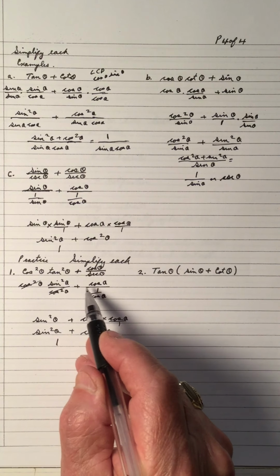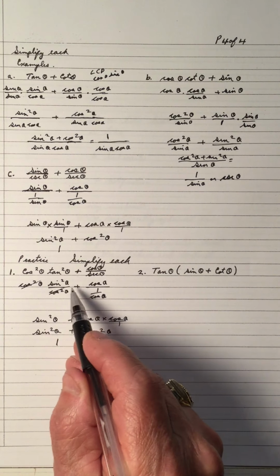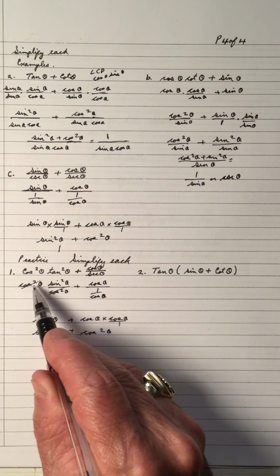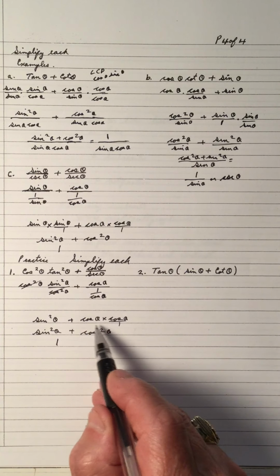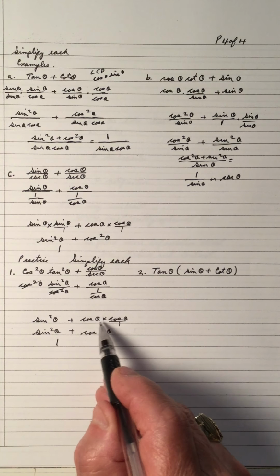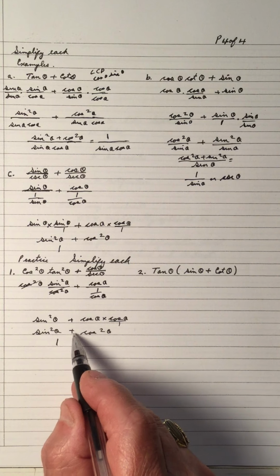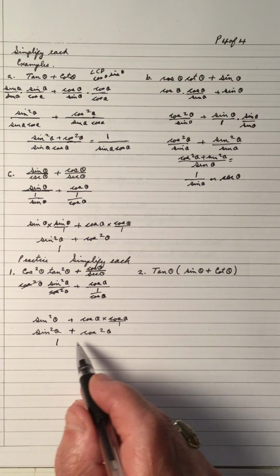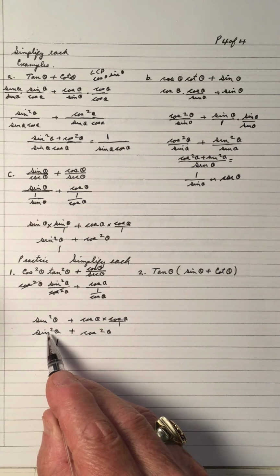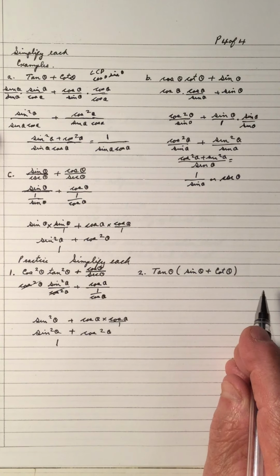I have to follow PEMDAS, I have to multiply and divide before I add. So I canceled here to get the sine squared. I divided by multiplying by the reciprocal. So now I got a multiplication. And last, that's a 1. I'm going to add these together. You can't add them, but sine squared plus cos squared is 1.